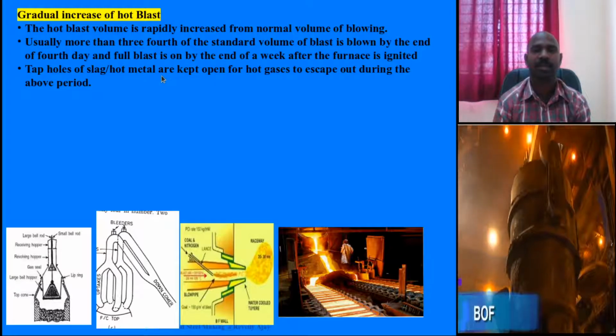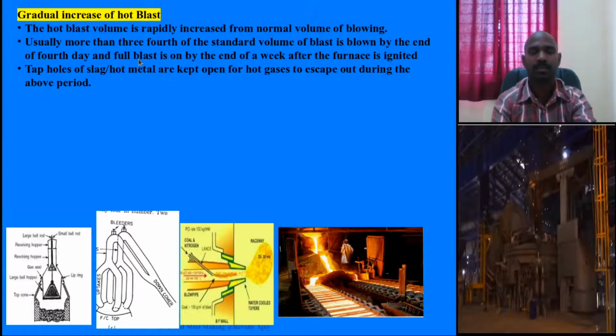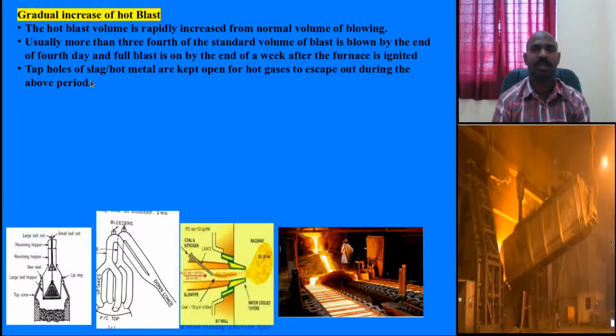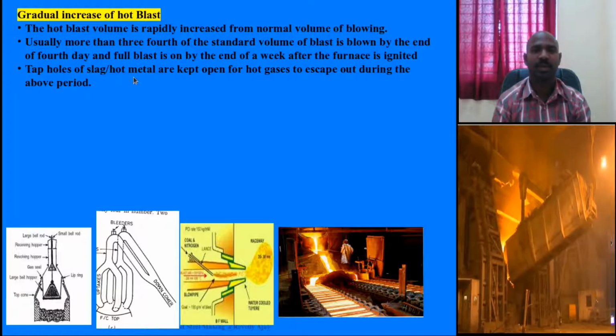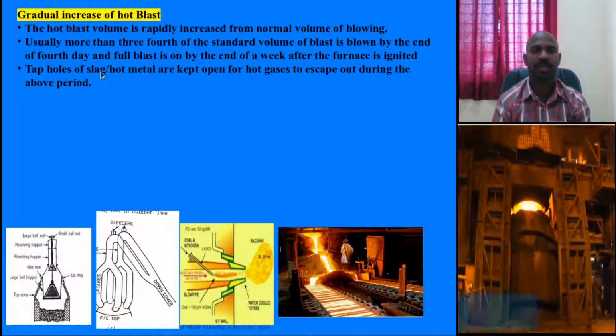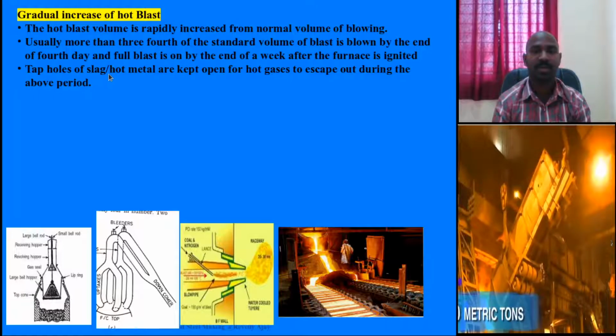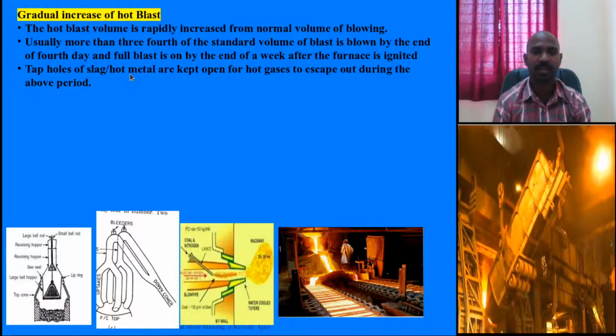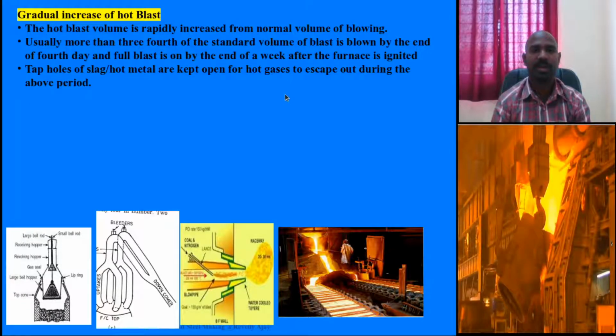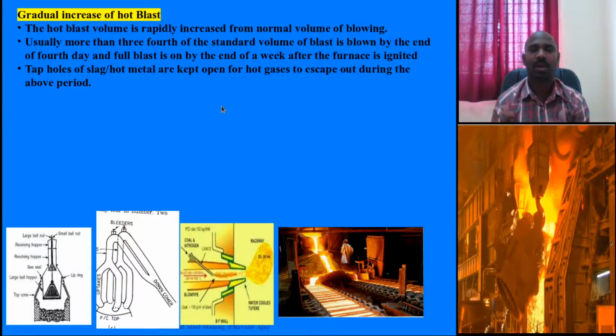And while these gases are evolving, you keep the slag tap hole and hot metal tap hole open. The slag tap hole is also called the cinder notch, and the hot metal tap hole is called the iron notch. They are kept open for the hot gases to escape during this period.